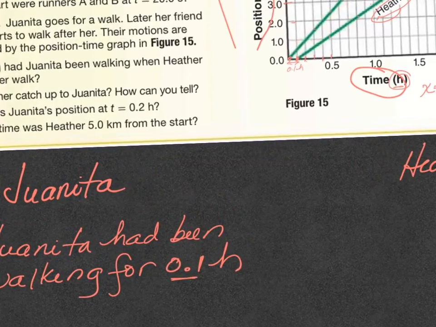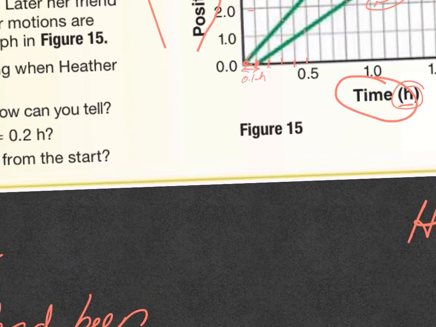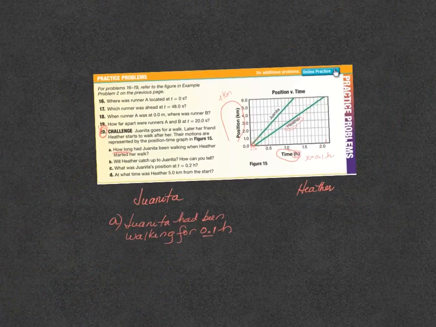Now, if they want to know the distance that Juanita had covered when Heather started walking, you go to Juanita's graph, and then you move to the left and you will find the distance. I think that's the next question.